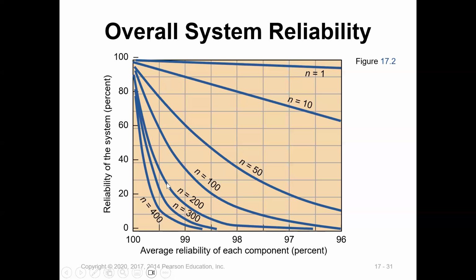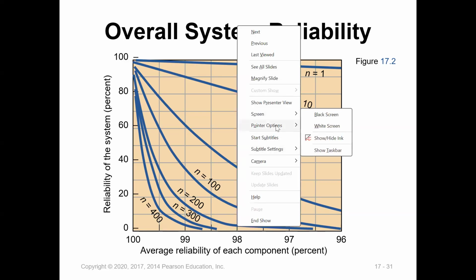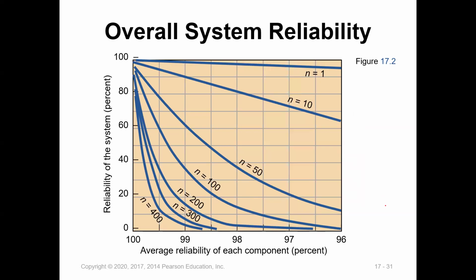But if you have, for example, 200 components with 98 percent reliability, the reliability of the system will be, you see, here. But if you have 10 components with the same reliability, the reliability will be here.